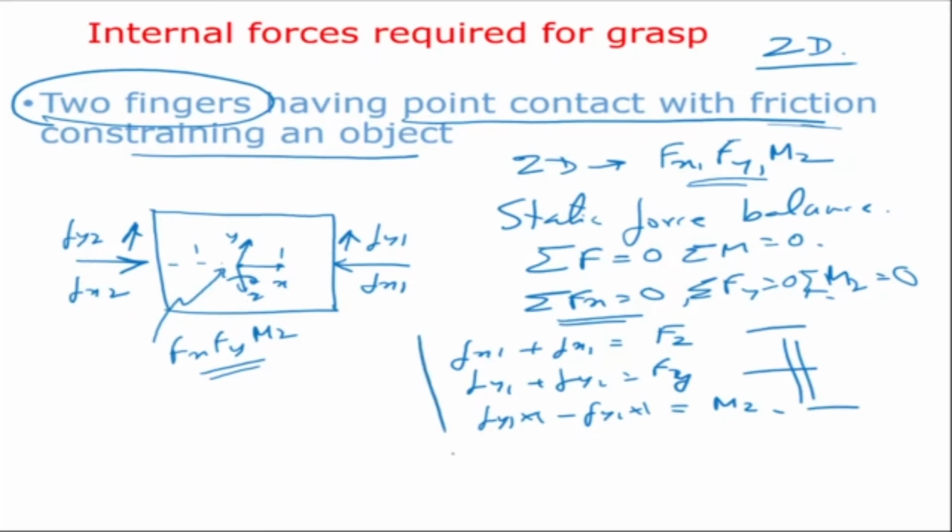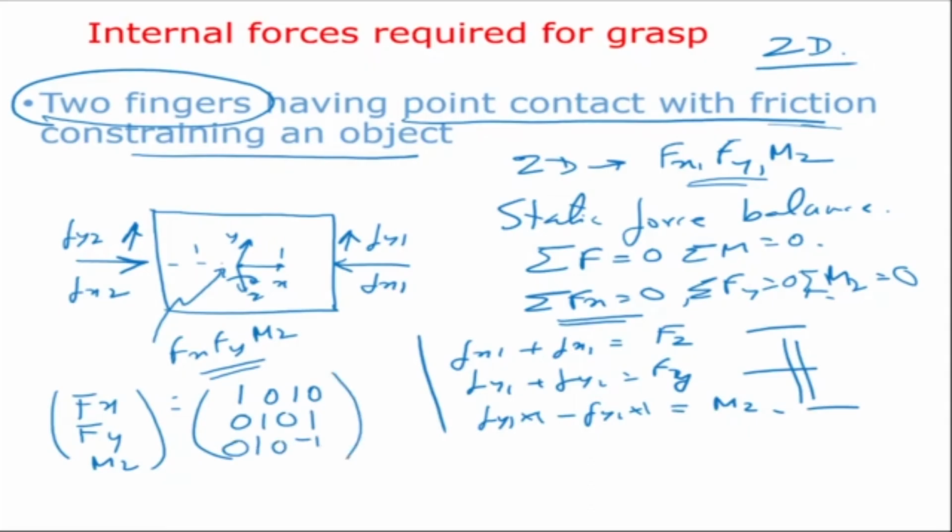If I write in matrix form, then I can write Fx, Fy and Mz equal to the matrix 1 0 1 0, 0 1 0 1, 0 0 1 0 minus 1 times the fingertip forces Fx1, Fy1, Fx2, Fy2. This is the set of equations I've written there. There are three equations.